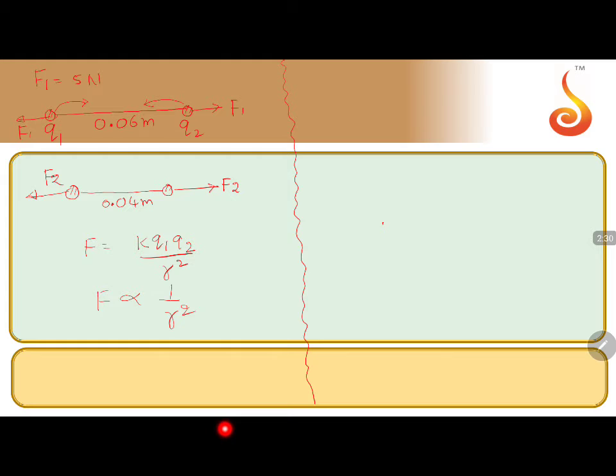So for two conditions we can write this formula like this: F1 divided by F2 equal to R2 divided by R1 whole square.